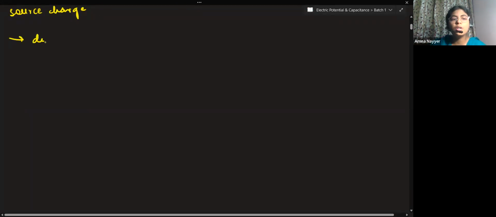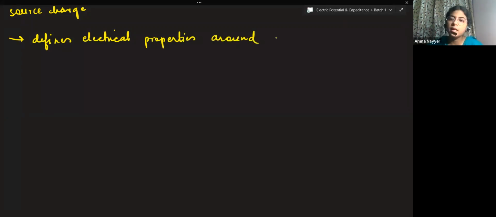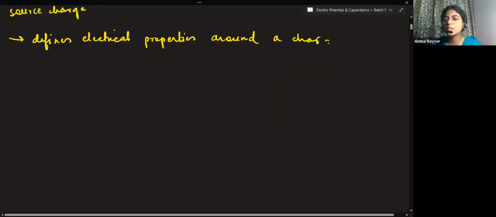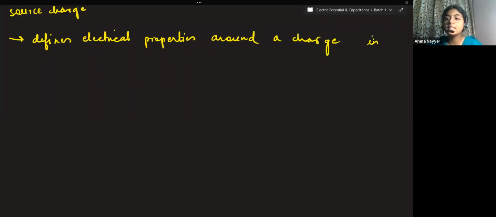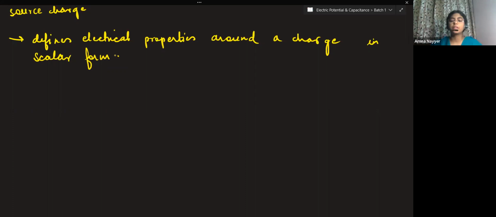Firstly, you have to remember that electric potential defines the electrical properties around a charge in scalar form.